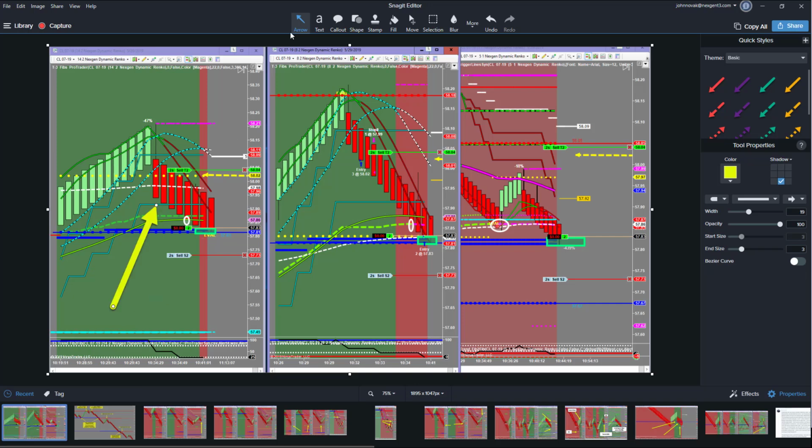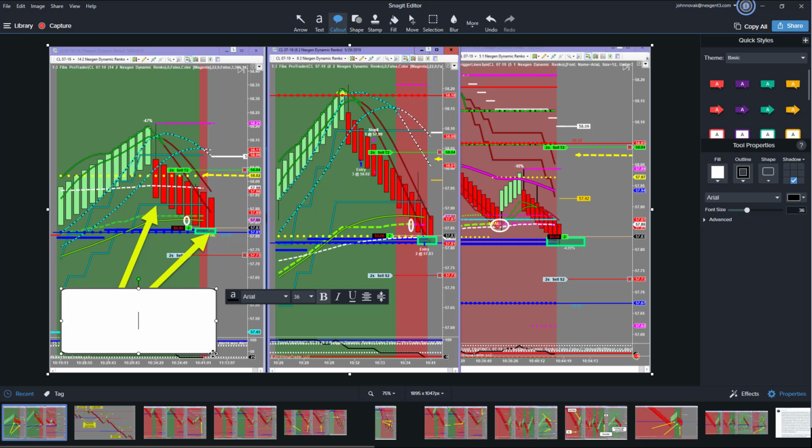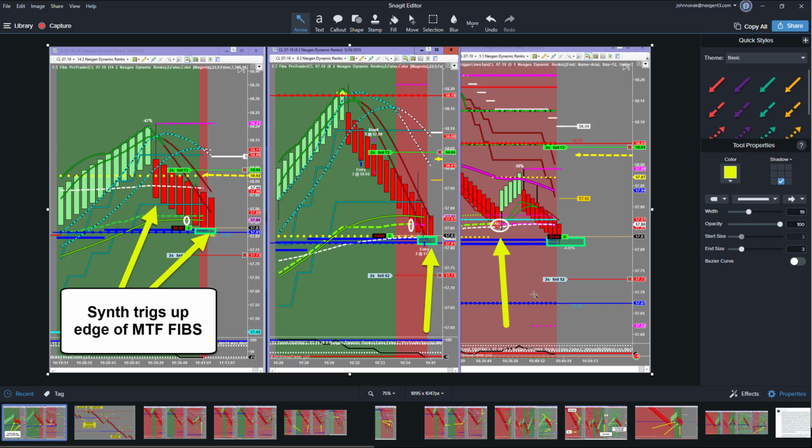And I want you to describe what you see. Okay, so look, I'm going to put a little description on here, and I'm going to say synthetic triggers up, edge of multiple time frame fibs. Everybody agree? And again, same fibs over here. And then this was the pivot, and then this was the pivot stop out.